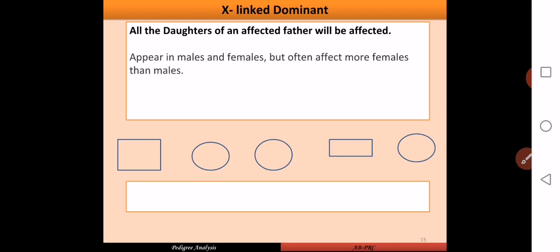The second feature is that they appear in males and females, just as in the dominant or recessive traits of autosomal disease. But often they will be affecting females. There is a high probability for females compared to male offspring.